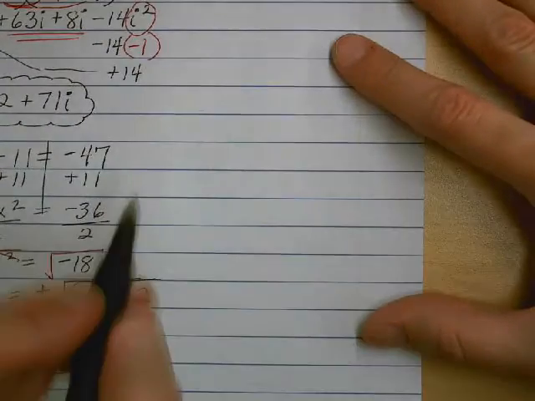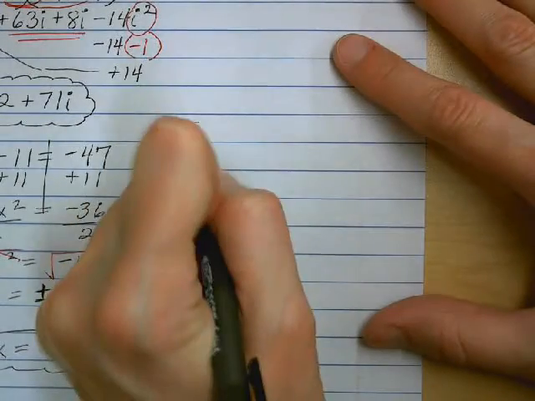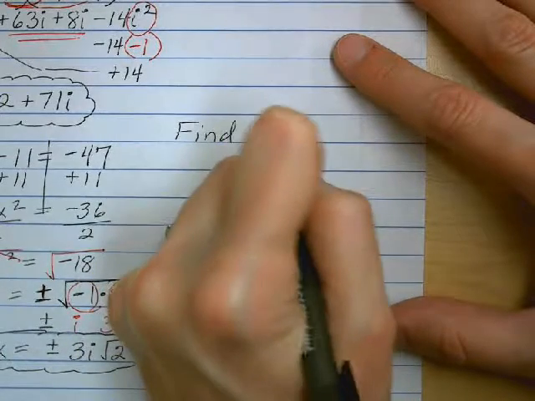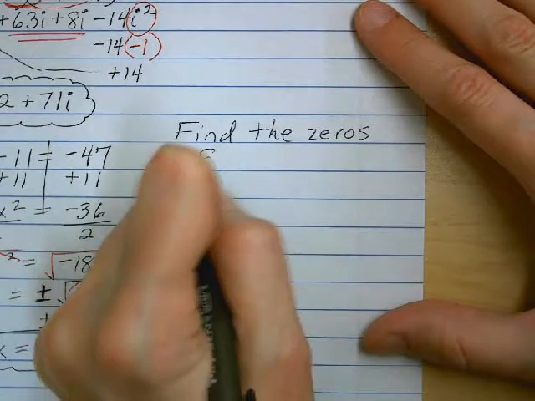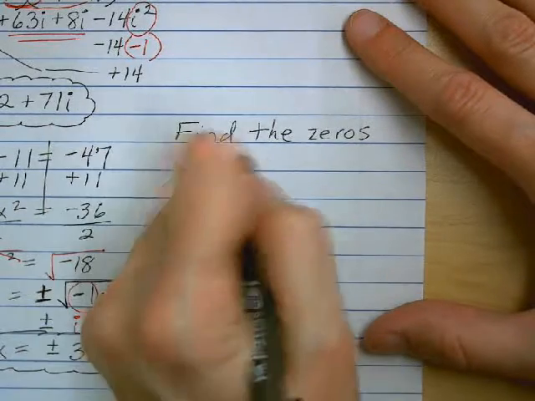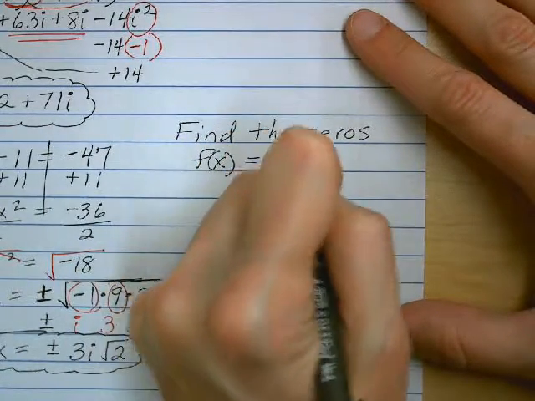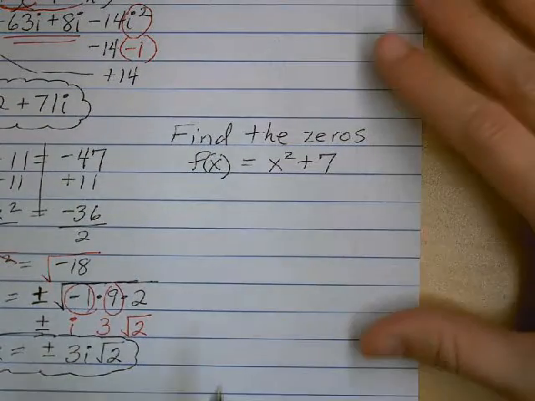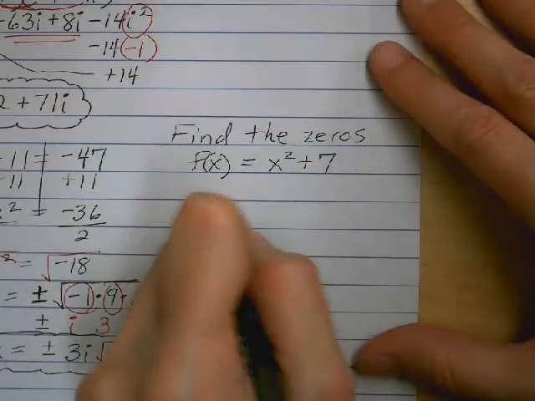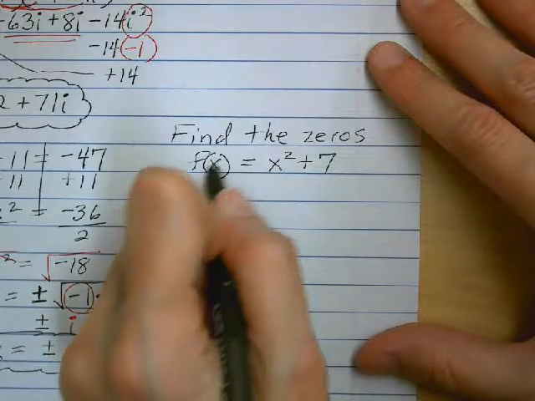And finally, one more problem on your note sheet is about finding the zeros of the function. And they write the problem in function notation. They write f of x equals x squared plus 7. It says find the zeros, so you need to set the equation equal to 0. The f of x would become a 0.